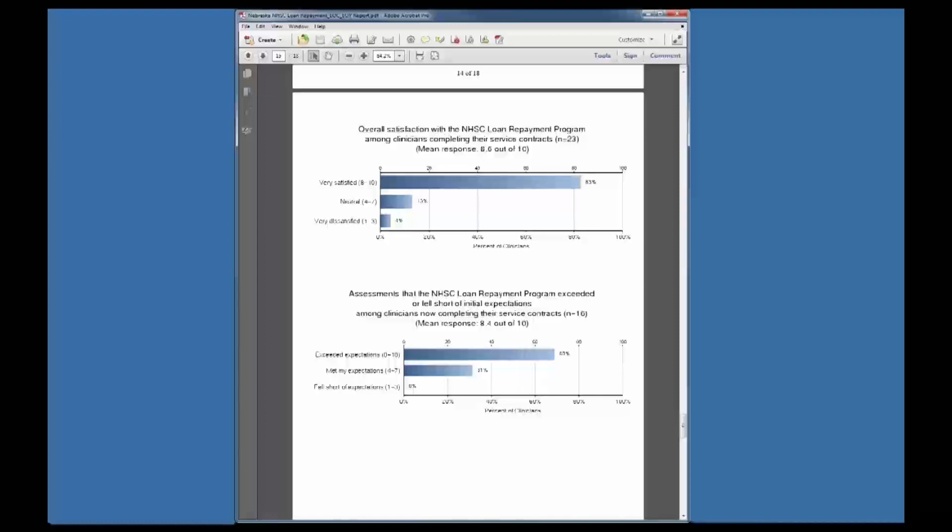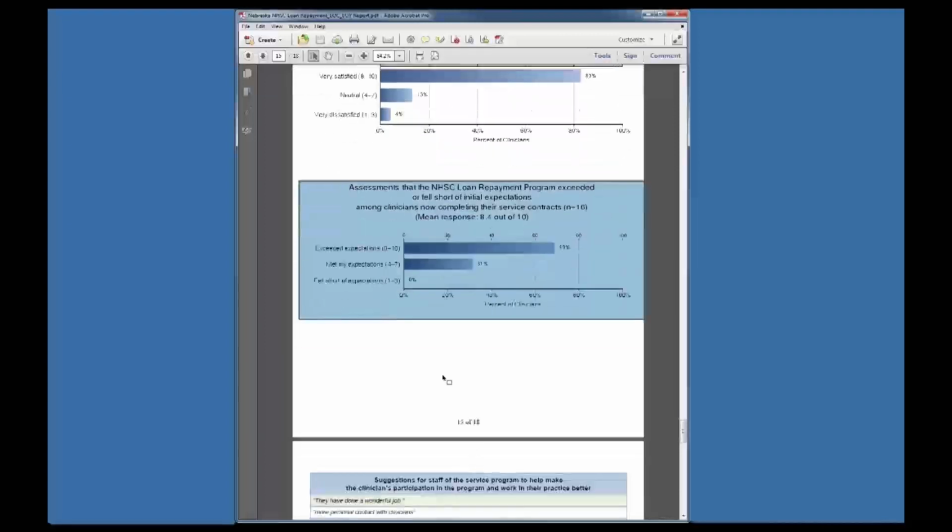Overall satisfaction with the program, again, looks pretty good. And again, this is completed anonymously, as are your own states' loan repayment programs or scholarship programs. Another good retrospective and often used question is whether the program exceeded or fell short of initial expectations.